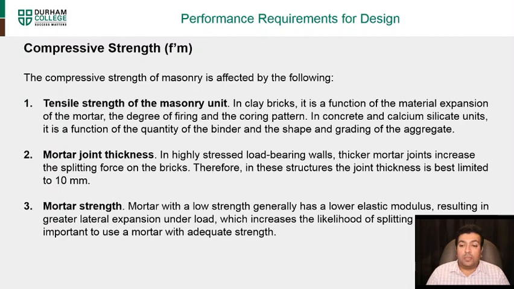And for the mortar strength, mortar with low strength generally has a lower elastic modulus, resulting in greater lateral expansion under the load. So f'm is a function of the tensile strength of the masonry unit, mortar joint thickness, and the mortar strength. All of these three combined together give f'm.